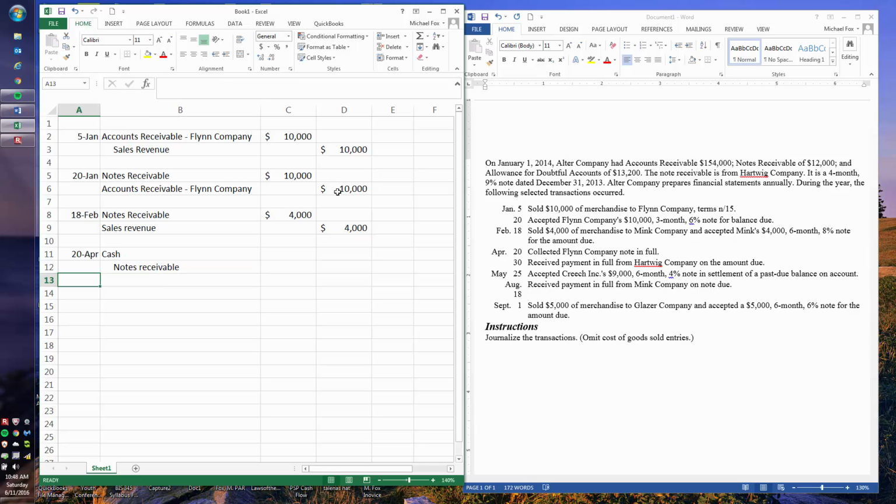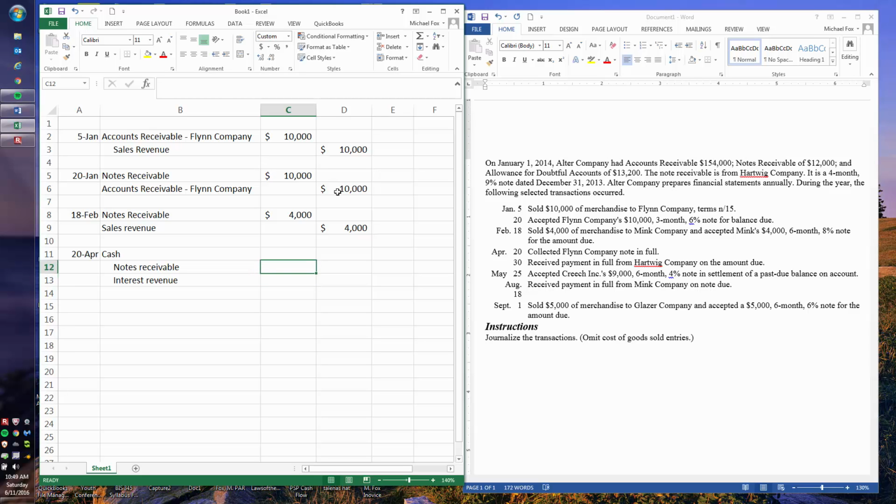And we're going to collect some interest revenue. So those are the three things that are going to happen when we collect on a note. The cash will go up by the amount of the note and any interest that we earn.